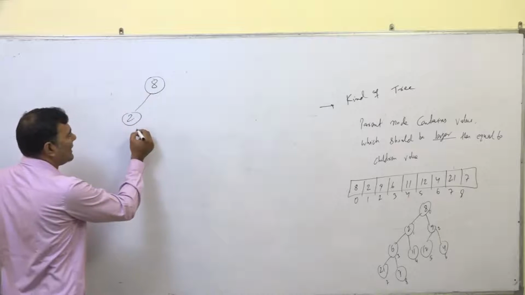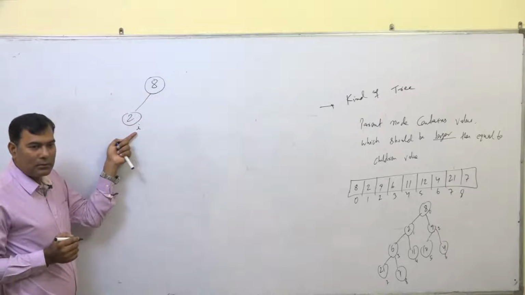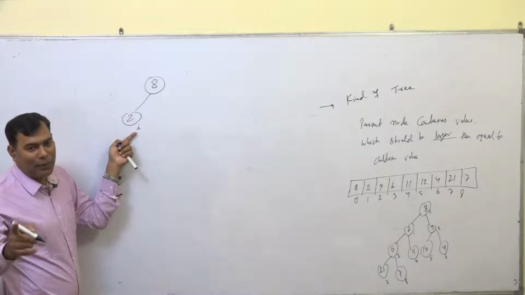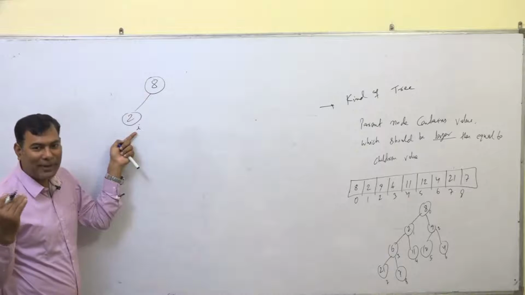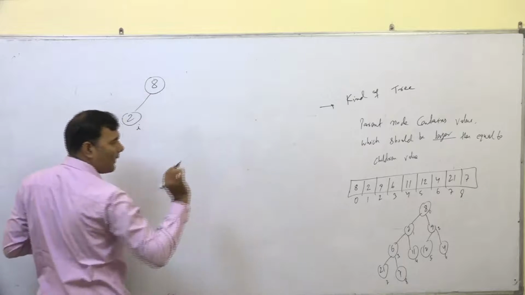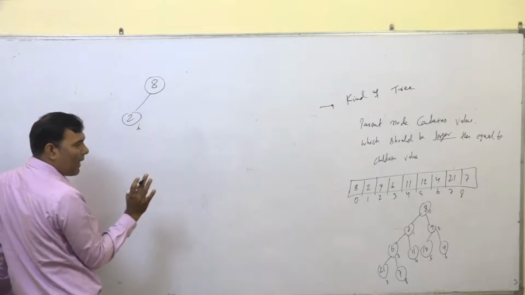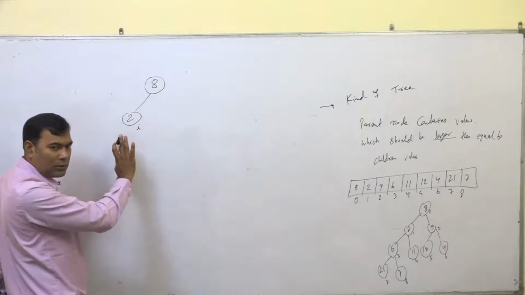If it is the ith index, then tell me where is the index of the parent? (i minus 1) upon 2. It means you know from which location you can compare. You can write an if to compare. If it is larger, then you can swap. If it is not larger, then stop.